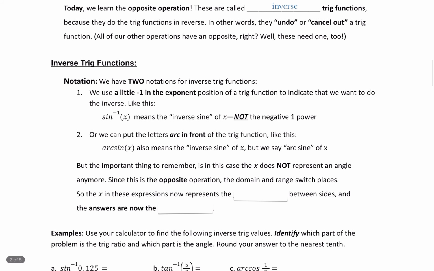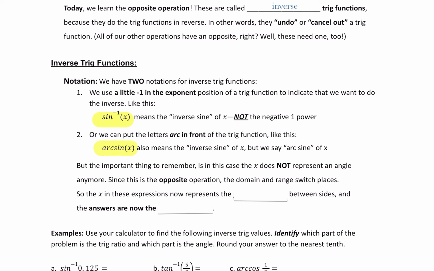Now we have 2 notations for inverse trig functions. The first one is a little -1 in the exponent of the trig function. It looks like this, the inverse sine of x. This means the inverse sine of x. And then the second one is using the letters ARC, or arc, in front of the trig function, like this.